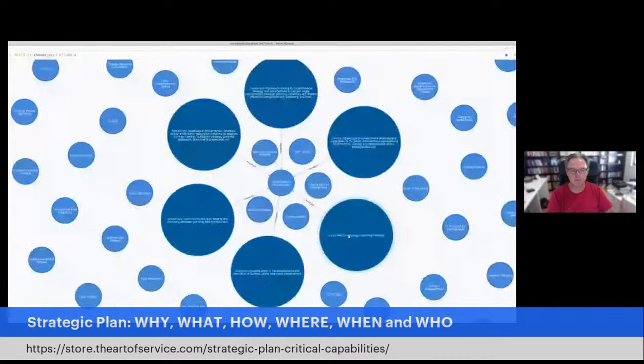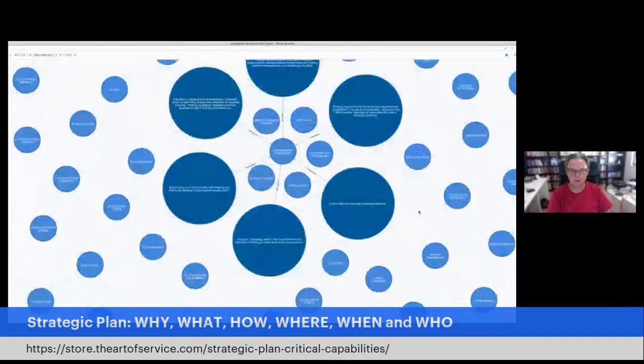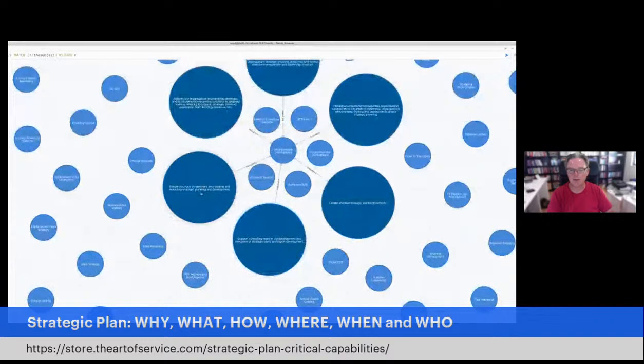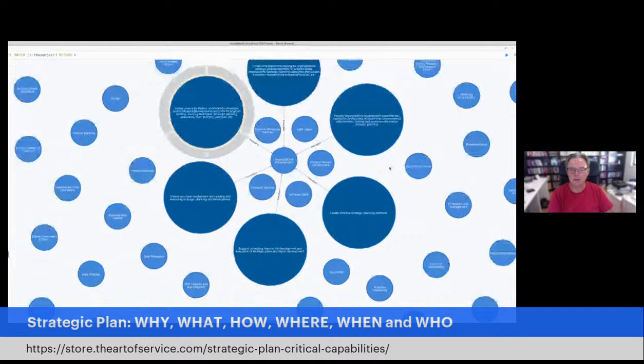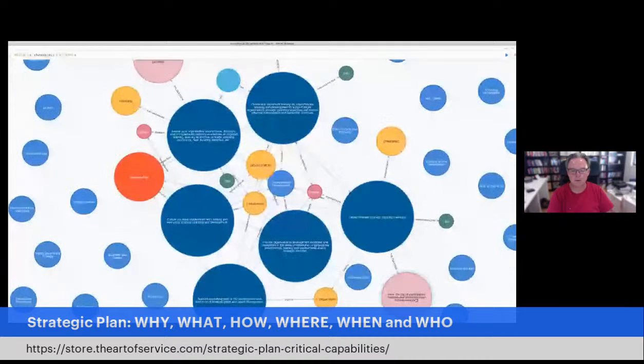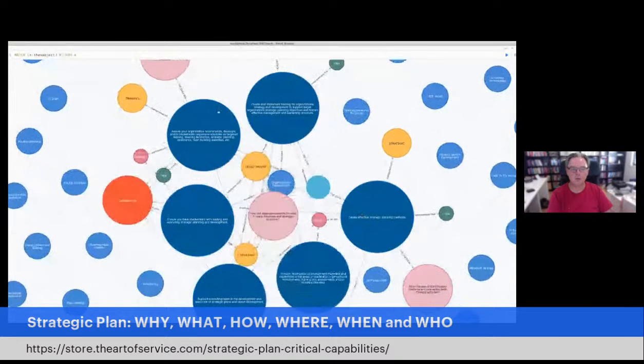Create effective strategic planning methods, support consulting team in the development and execution of strategic plans and report development, ensure you have involvement with leading and executing strategic planning and development, etc., etc. And obviously, I can then, importantly, double click them, open them all up, and go like, okay, when we're focusing specifically on organizational development, these are the things that we need to have in place, and these are the questions that we need to be asking ourselves to get to these answers in the big blue balls.